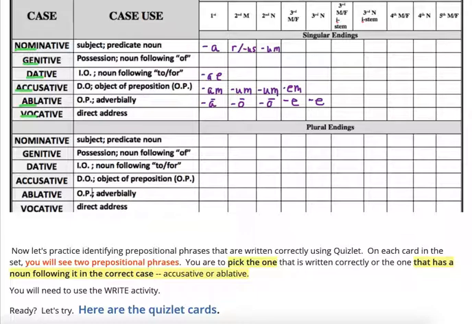And then you will see 2 Latin prepositional phrases using the Latin preposition for without, which is sine, and then you will see 2 forms of help after sine. Auxilium with the accusative ending, or auxilio with the ablative ending. And you have to be able to pick the one that is written correctly.